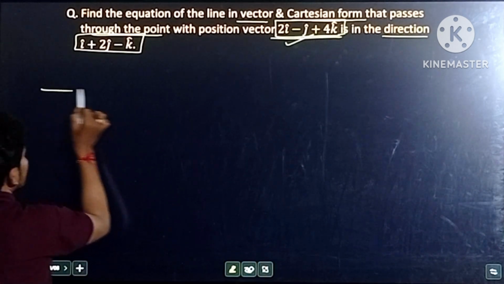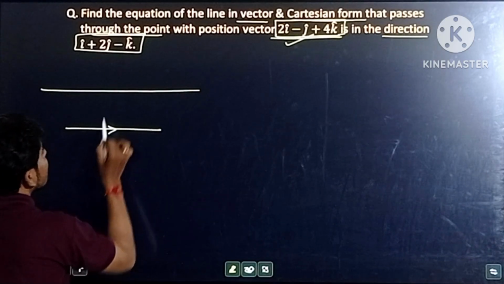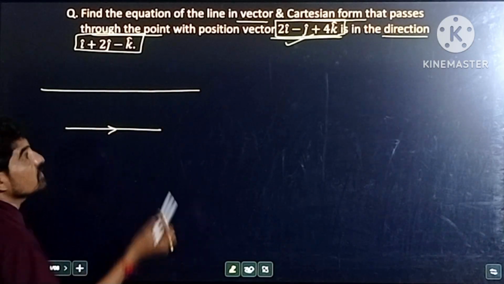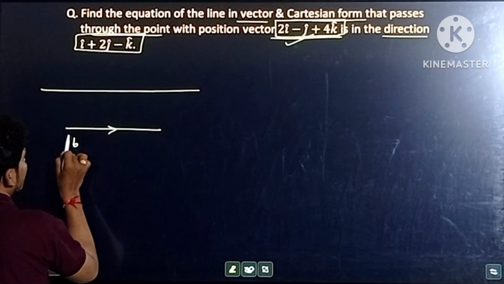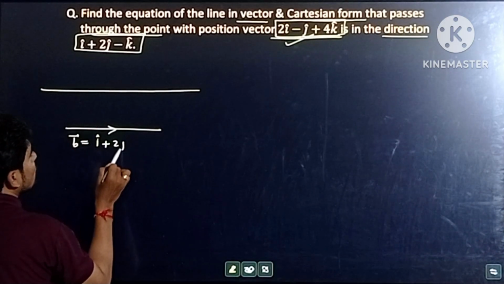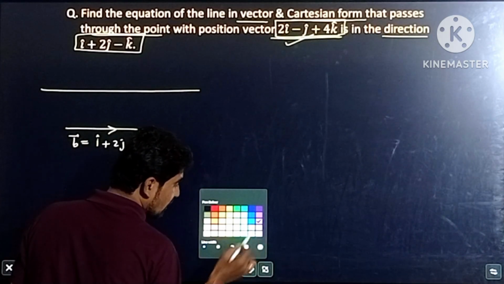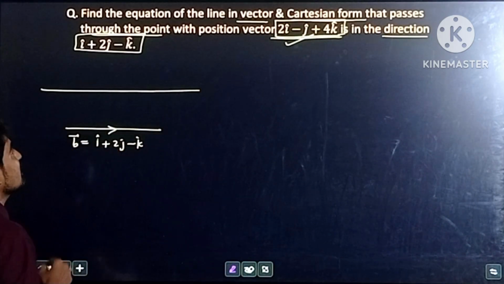See here, let's suppose this is a given line and this is a parallel vector to the given line. So here the direction vector is what? B vector. So B vector is i plus 2j minus k, and we need the equation of the line in vector as well as in Cartesian form.